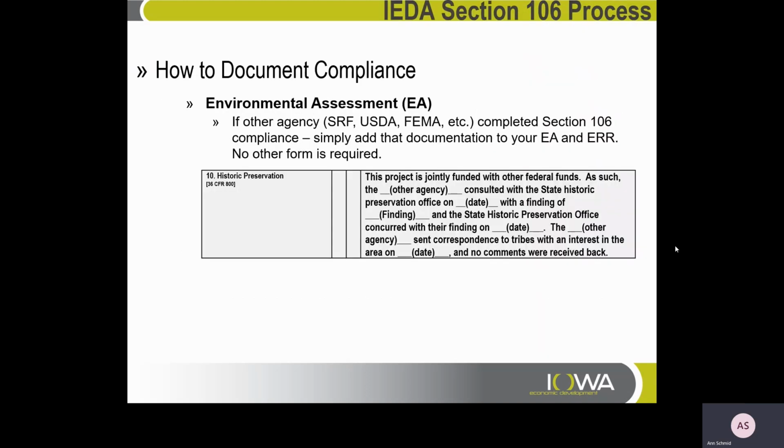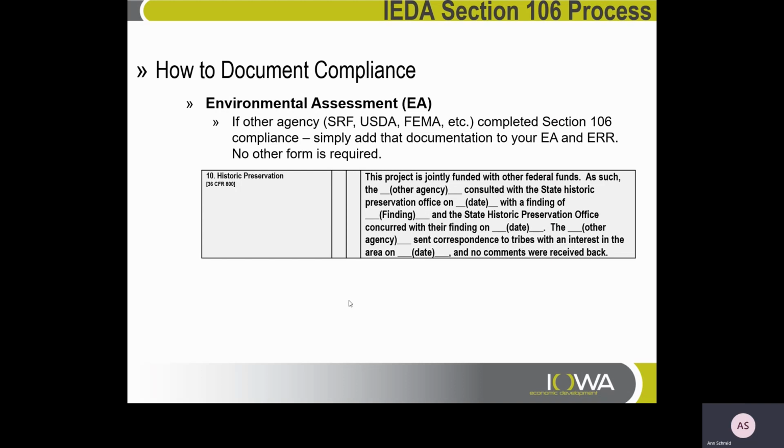So how do we specifically document Section 106 compliance when it comes to our environmental review record? For environmental assessments, if another federal agency, such as the State Revolving Loan Fund, USDA, or FEMA, has completed the Section 106 compliance on the exact same project, all you need to do is add that documentation from the other agency's consultation, provide the relevant information in your checkbox, and complete your environmental review record for your environmental assessment.